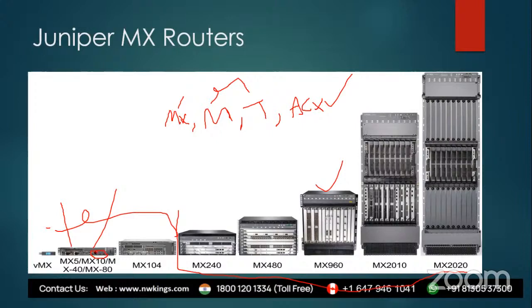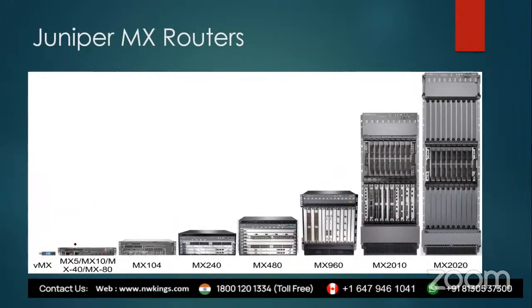If you want access, you need a license for this empty MIC slot and these 10G ports. If you add the license, then it will become MX10. You mean for those 10 gig ports, if we need access, we need a license?